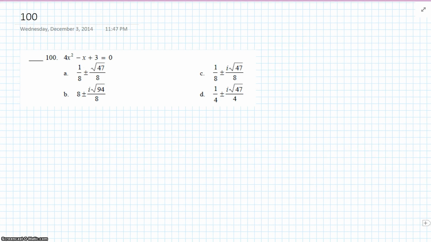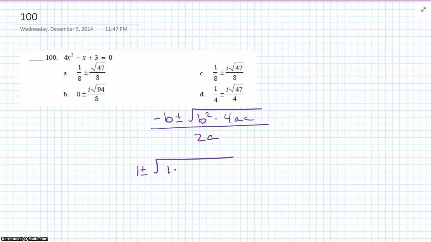Last one. Plug it into the quadratic formula. Negative b plus or minus the square root b squared minus 4ac over 2a. So that's going to be negative negative 1. So 1 plus or minus the square root of 1 minus 4ac. So 4 times 4, 16 times 3 is 48, over 2a, which would be 8.